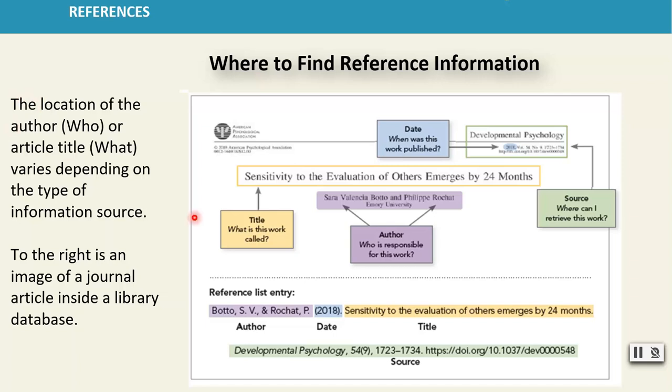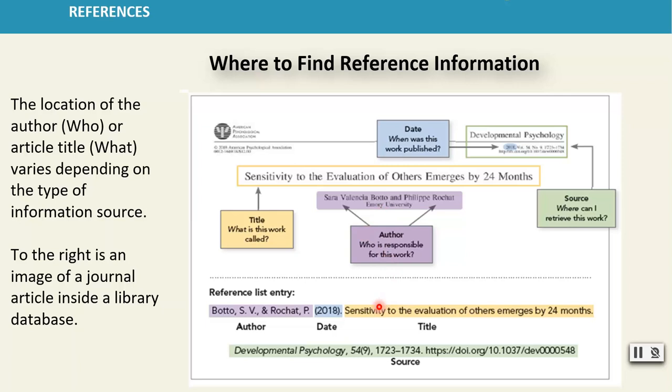And those authors' names are under the title of the article. This is a scholarly article. So in scholarly articles, you're always going to have authors, but you're also going to have their credentials. These two individuals are from Emory University doing their research.